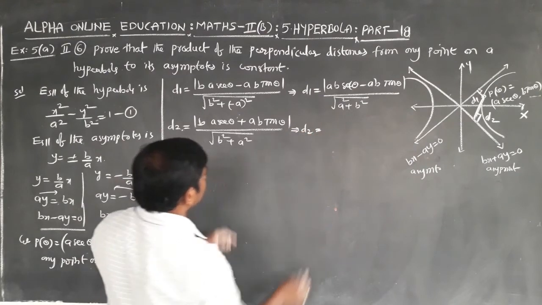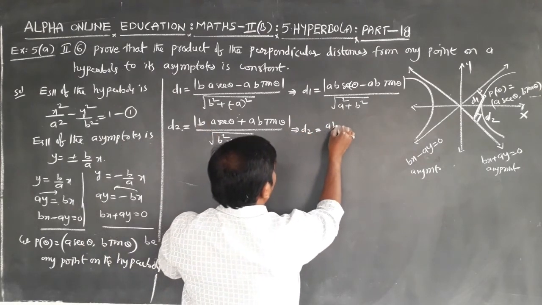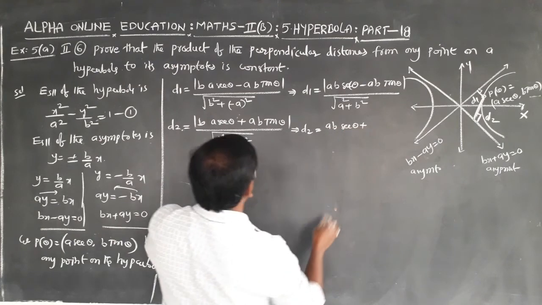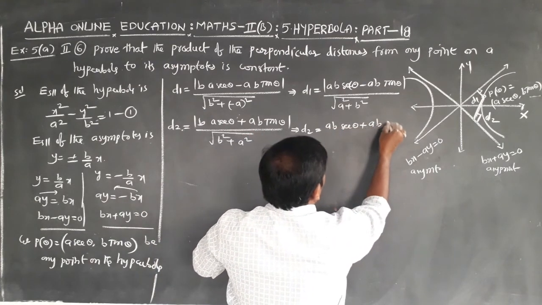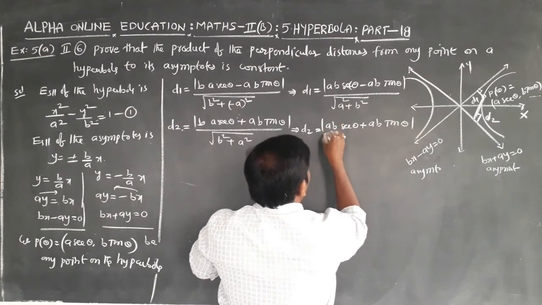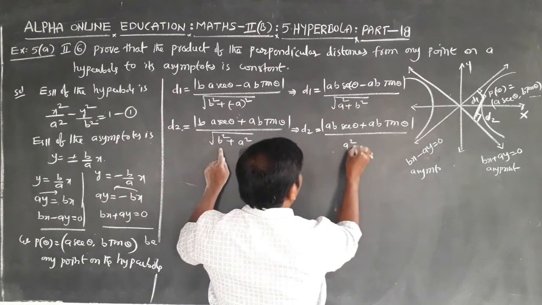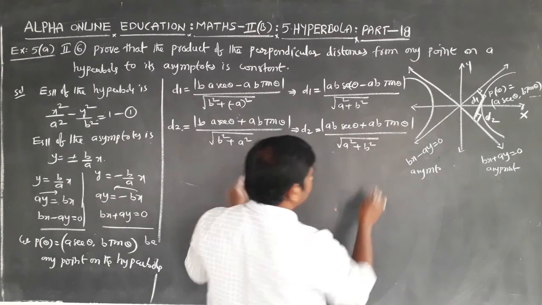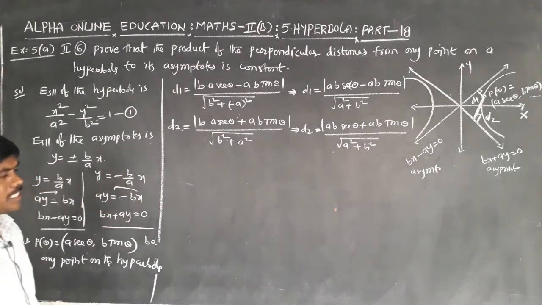So d2 is equal to ab secant theta plus ab tan theta, whole divided by the square root of a square plus b square.